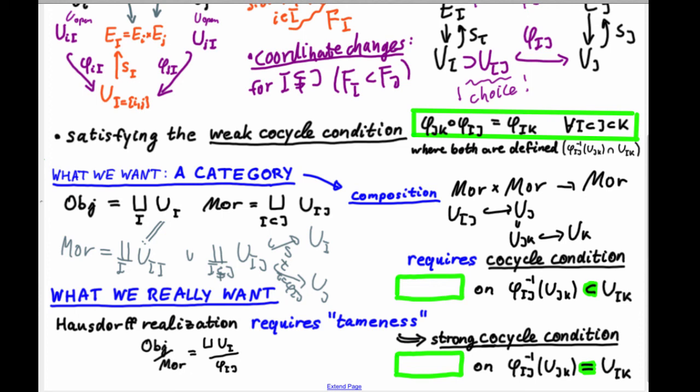So that's the two-step composition, the left-hand side here. And the right-hand side comes from a direct composition where I have a U_ik subset in here that goes directly there.